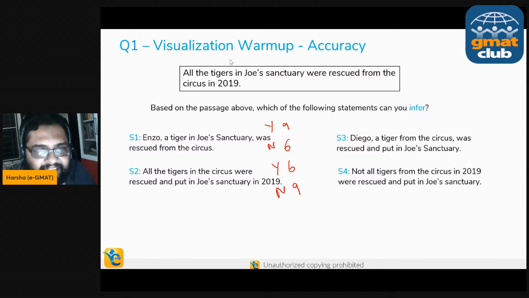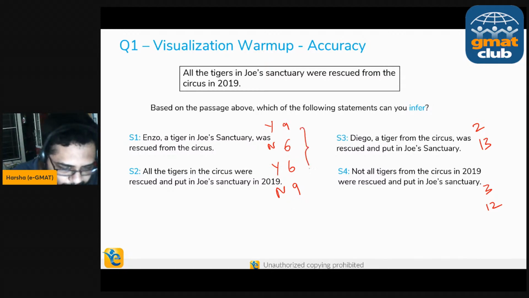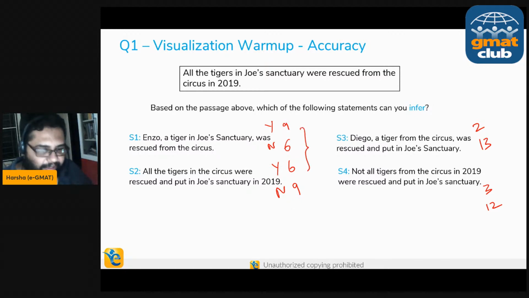I see. So statement three, two of you told me yes, and 13 of you told me no, and statement four also overwhelming no. So good results, good results. I can see that statements one and two kind of created a certain level of confusion, which we don't see with the rest of it.